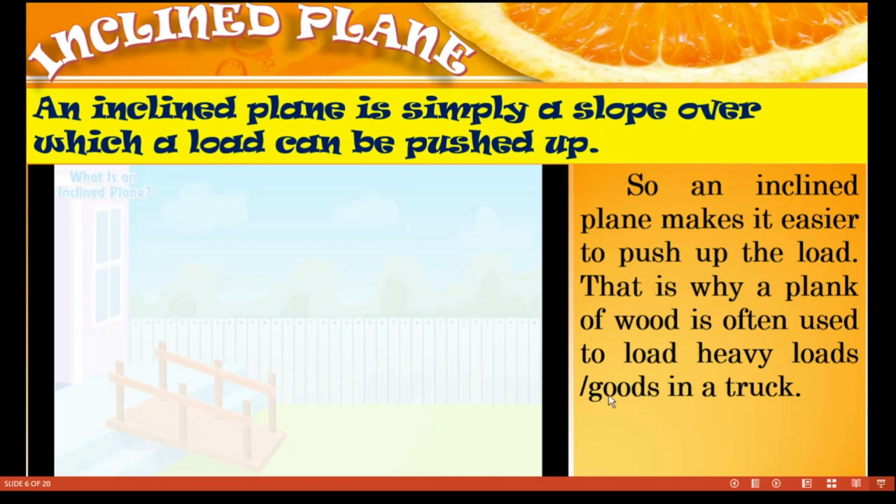You might have seen very often on the roadside, especially in a two-wheeler vehicle showroom like Hero Honda, that they load or unload the vehicles by making an inclined plane. First they construct an inclined plane using a plank of wood, and then they push up the vehicles, or bring the vehicles down, by using these inclined planes.